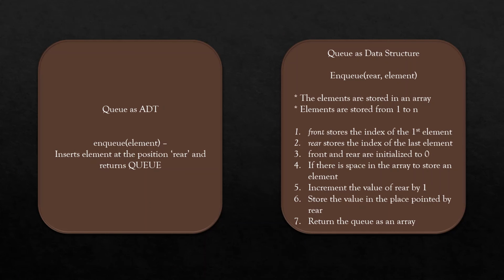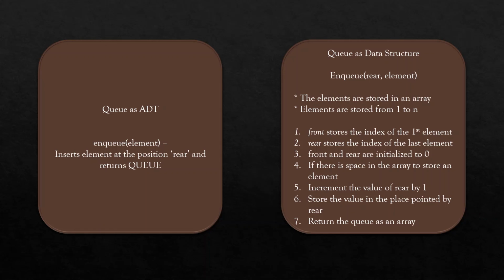Now let us look at queue as an ADT and see what the difference is when we say something to be an ADT and something to be a data structure. When we mention queue as an ADT, we say that NQ is one operation in which it takes one element as input. The operation performed is that it inserts the element at the end and then returns the entire queue back to the user.